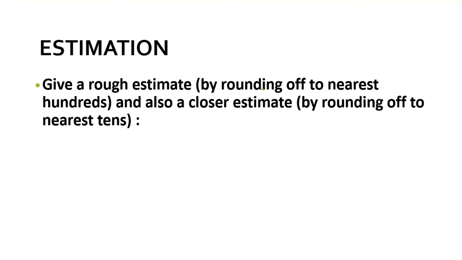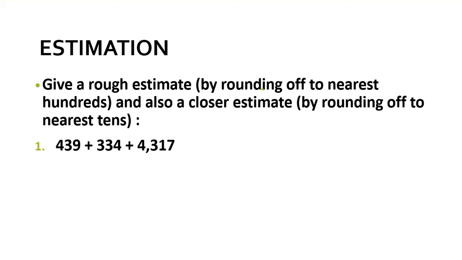Let's see another question. This question has two parts. You have to find the sum of these numbers by first rounding off to the nearest hundreds, then calculate the same by rounding off to the nearest tens.